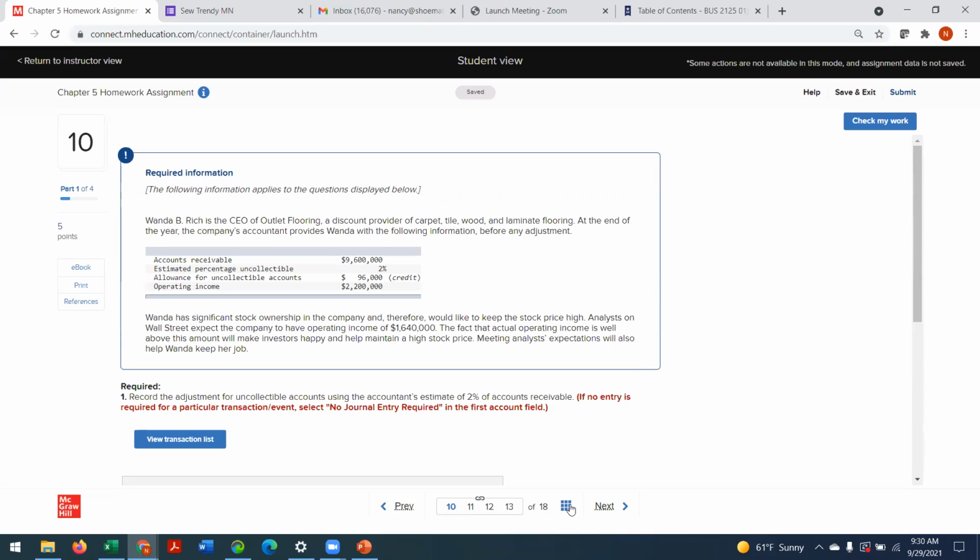It shows the estimated percentage uncollectible is 2%. It shows the allowance for uncollectible accounts has a credit balance of 96,000. And then we have operating income of 2,200,000.